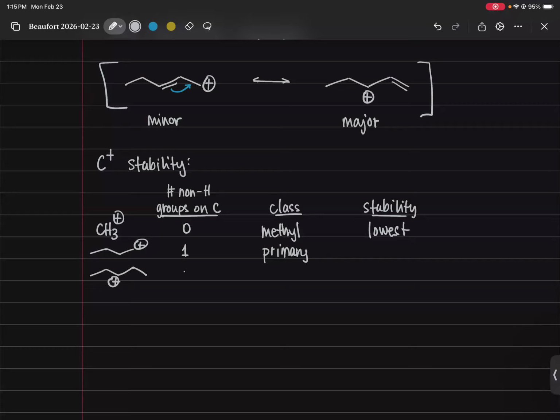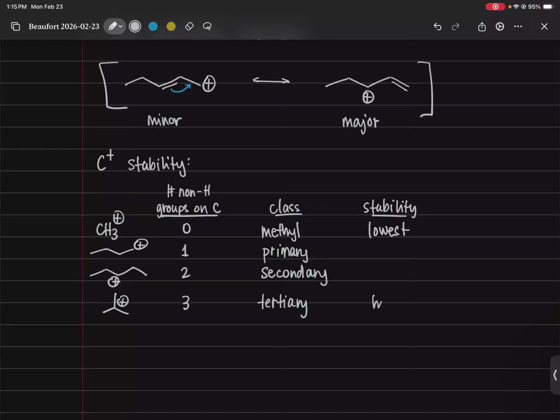We have two groups attached. That's secondary. Three is tertiary. We can't have a quaternary carbocation because it can only have three things.